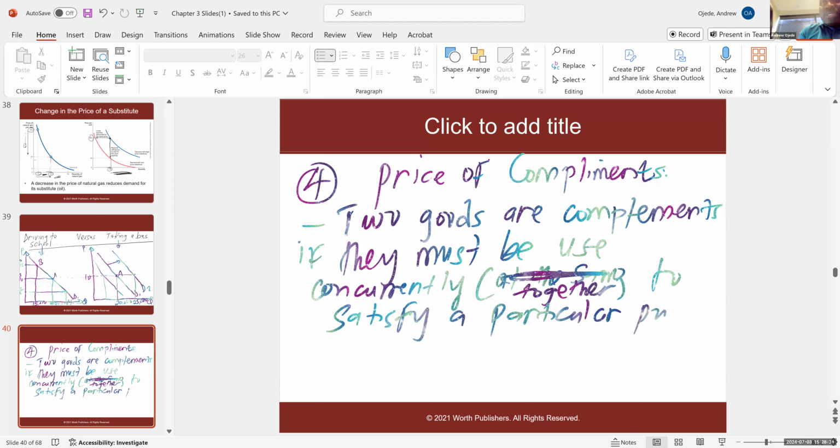Then we say those goods are complements. They complement each other. They go together.